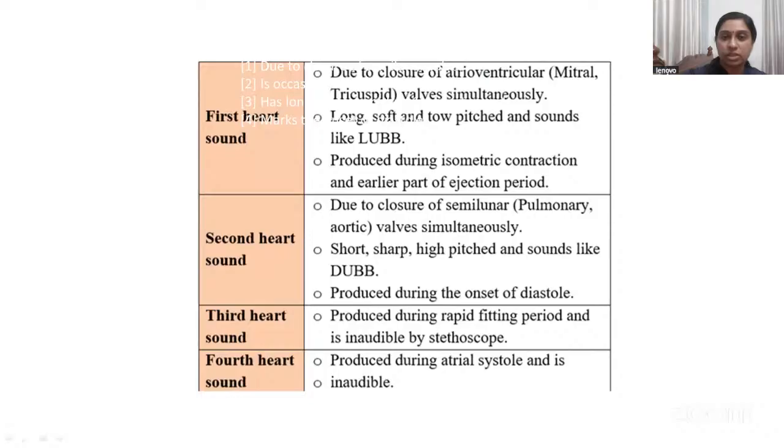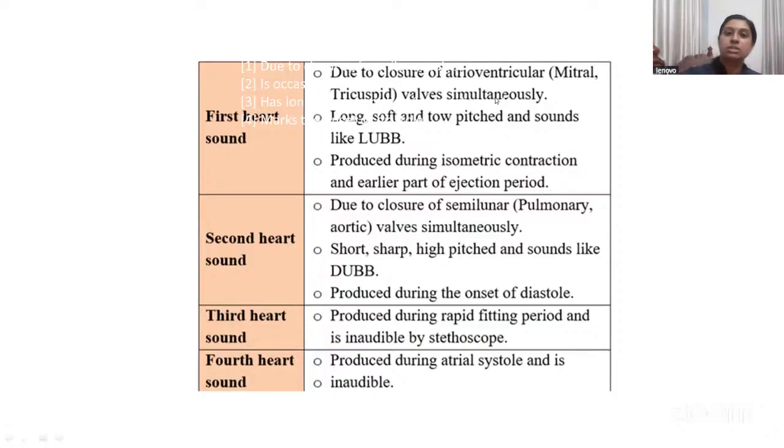So, first heart sound. This is very important. This table is very important. I will explain. Okay. So, the first heart sound is due to the closure of atrioventricular valves, that's the mitral and tricuspid valves, simultaneously. The systole is not happening only in the right or left side. It's occurring in both right and left side simultaneously.